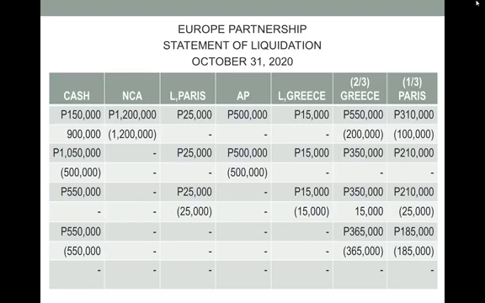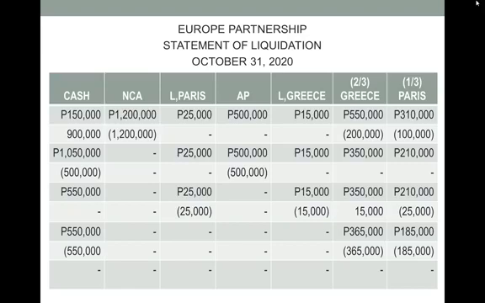Now, settlement of loan. Simply deduct all the loans. But in the effect on the capital, a loan to Greece is added to the capital account of the partner, while a loan from is deducted from the capital account of the partner.